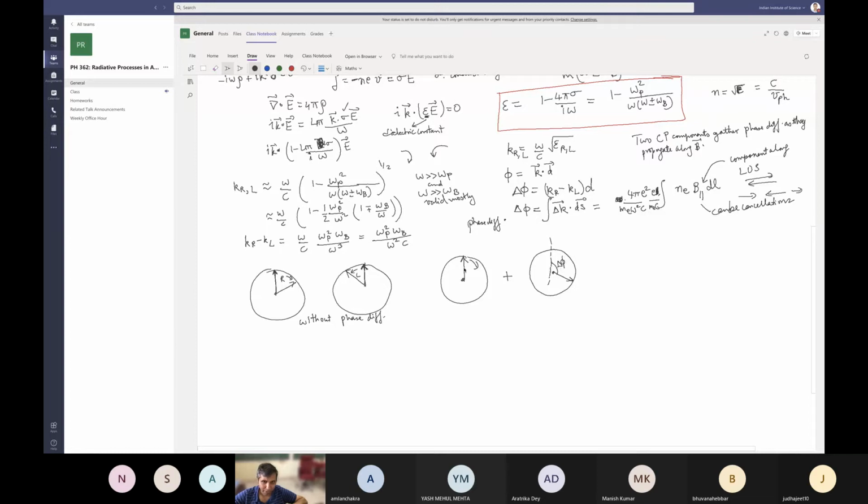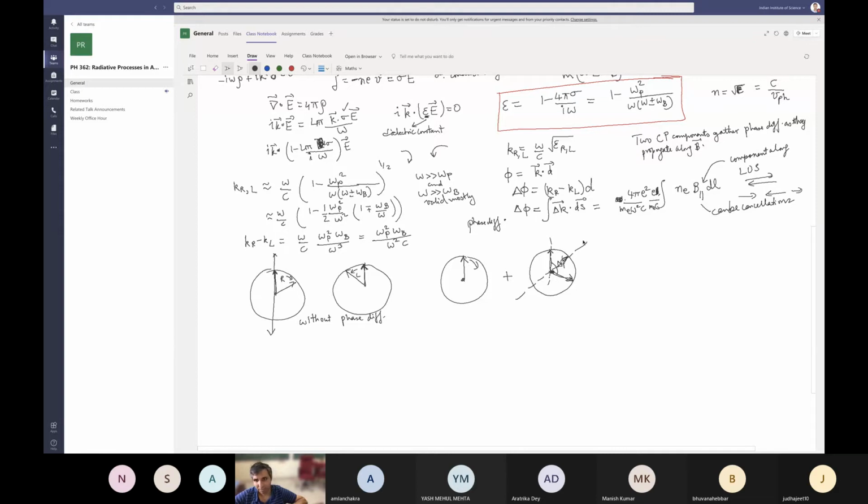right? So if at t equal to 0 they are aligned like this rather than perfectly in phase, what happens if you add this and this? What do you get? If you add this polarization and this polarization vectorially, you get this, right? So this was the plane of polarization before propagation.